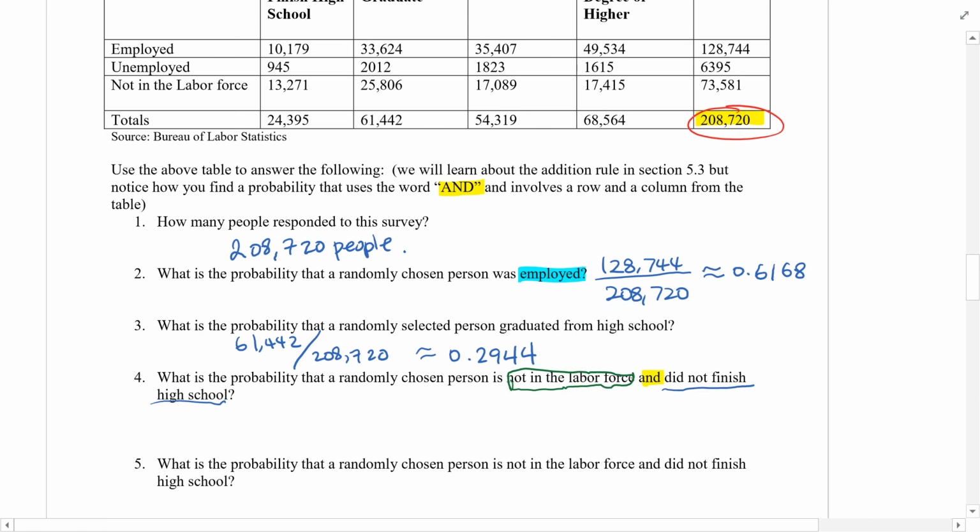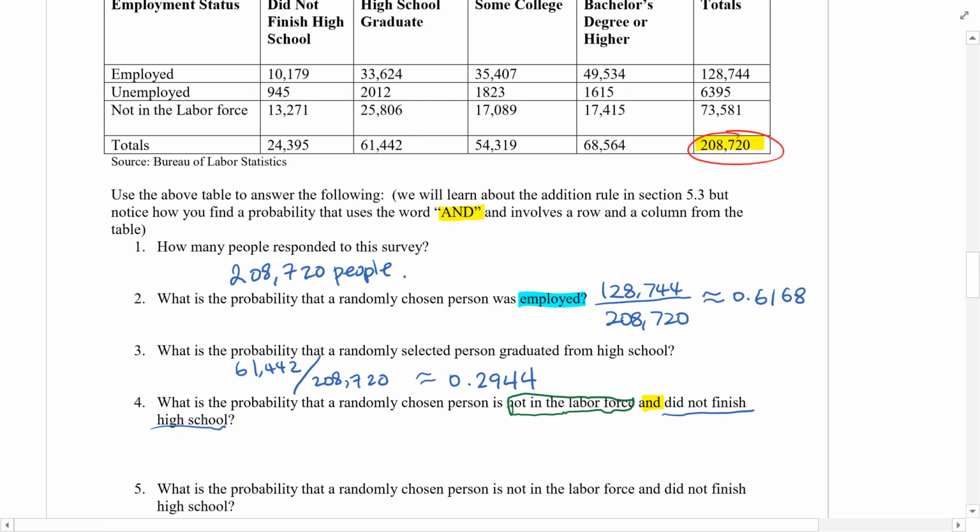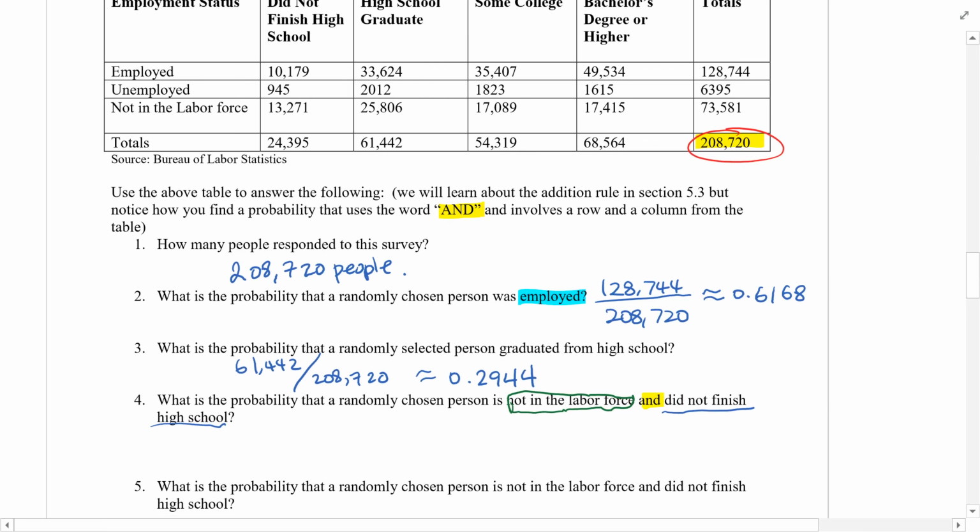So first, I'm going to circle the row indicating the person is not in the labor force. Let me do color coding instead of circles. Let me do blue for not in labor force, and then I'm going to use green for not finishing high school. So not in labor force is the third row right here.